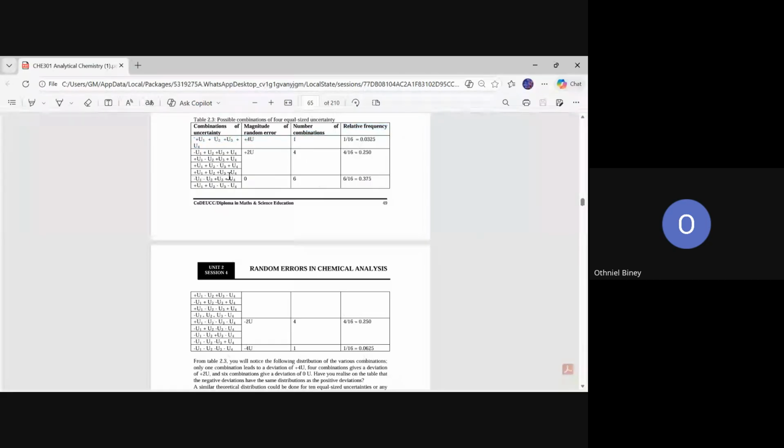Now, when we come to the second one, can you see this is negative U1? And as we stated here, there is one attached to all the U's. So now this becomes negative U1 plus positive U2 plus positive U3 plus positive 1U4.